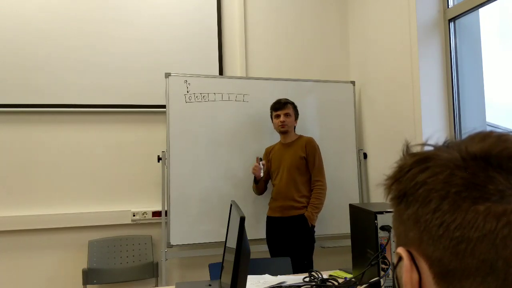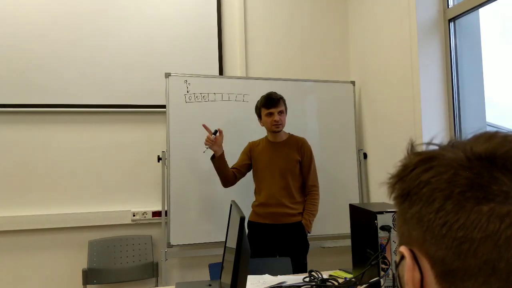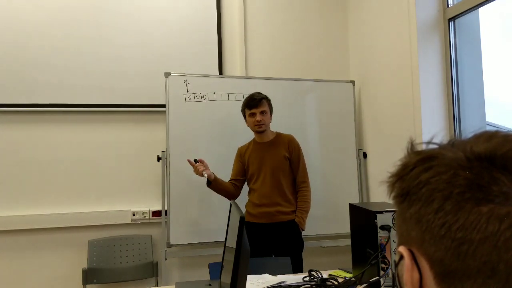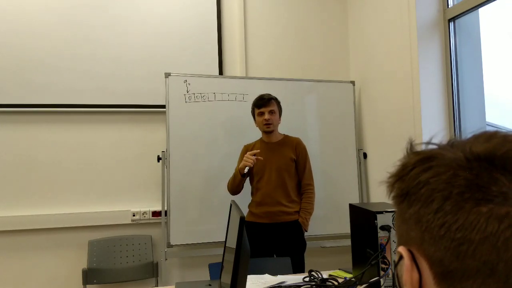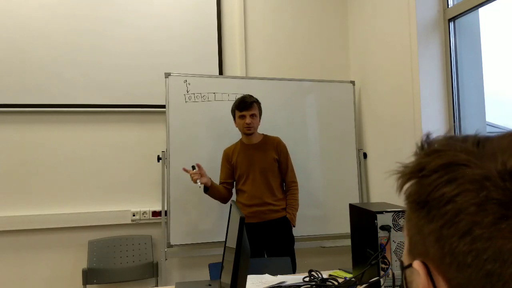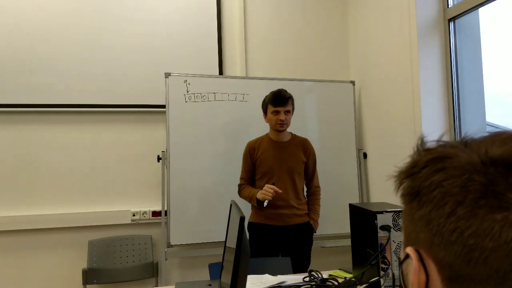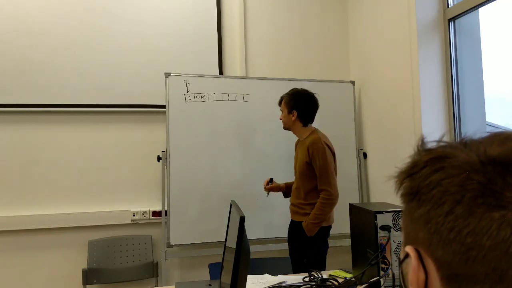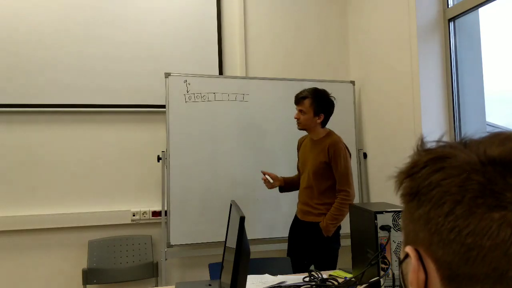In this case, the set of strings that it accepts is said to be recognized by the machine. But if the machine always halts, then we say it decides the language. So there's a small terminological difference between decides and recognizes, but we will be mainly talking about deciders.